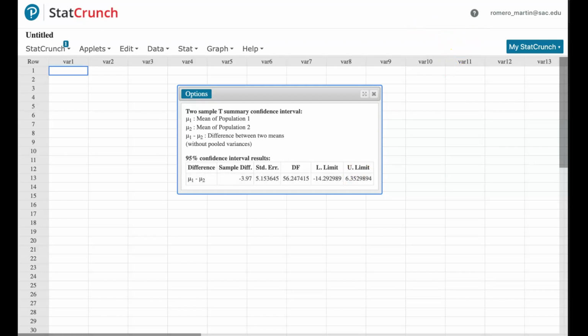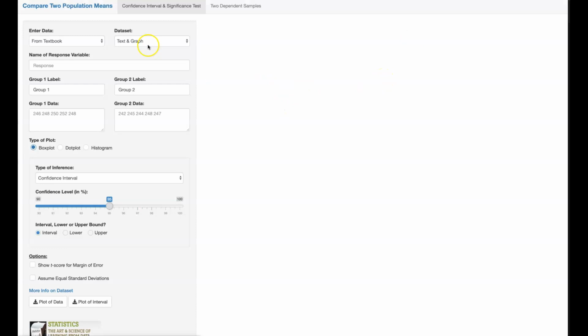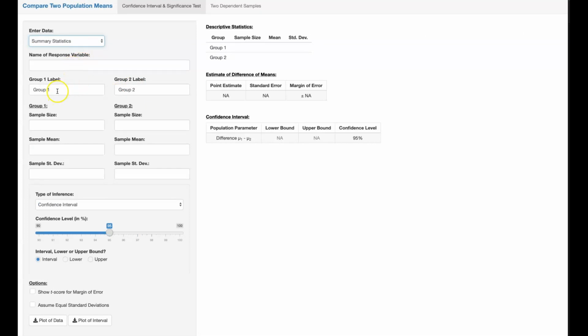Now let's look at ArtaStat, compare two means. Remember, we're doing a two-sample means population with summary statistics. There are your groups, group 1 and group 2.